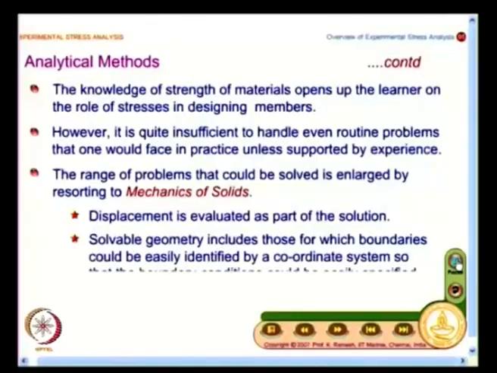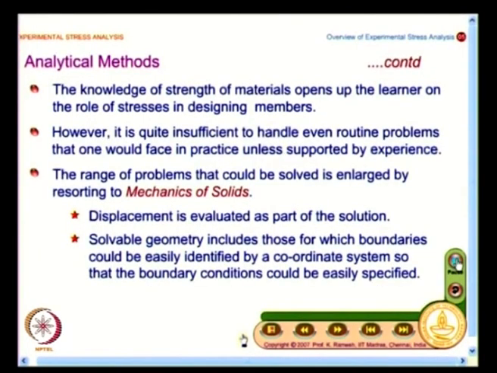Only in solid mechanics what we find is you can have one full course without touching differential equations, and only in the second level course you relax this, you do not make assumption on the displacement, but you evaluate displacement as part of the solution, and this is what you have in mechanics of solids.